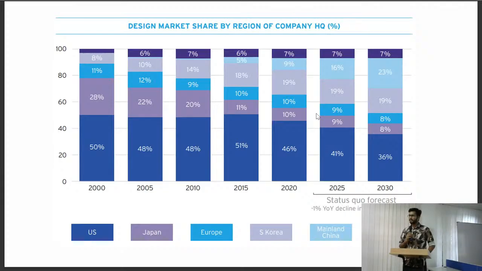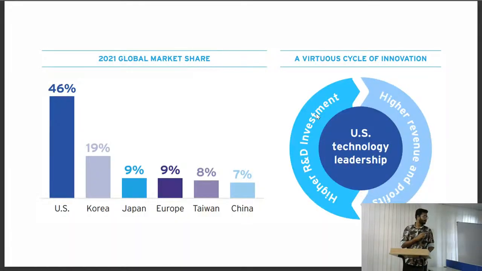Japan and China are making more silicon because they have more production in silicon technology, and Silicon Valley in the US develops more and more chips and distributes silicon raw material to other countries to get new revolutionized chips. In 2021, the US global market share is 46%. Next, the virtuous cycle of innovations.